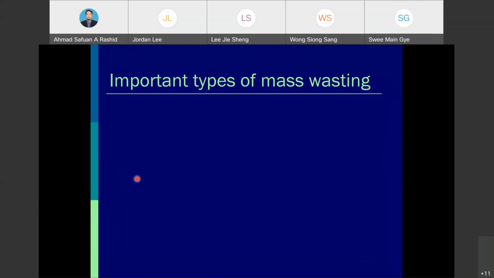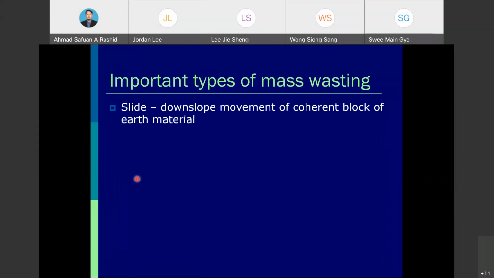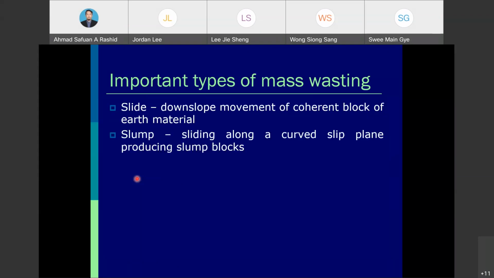So, the important types of mass wasting. Mass wasting is the soil movement. If you look at the definition, mass wasting we call a soil movement. So this is the types of soil movement. Slide: the downward movement of a coherent block of the earth's material.